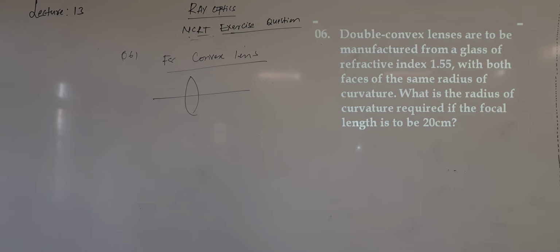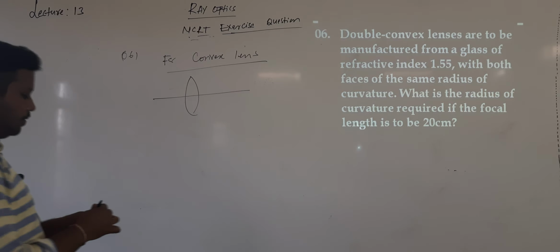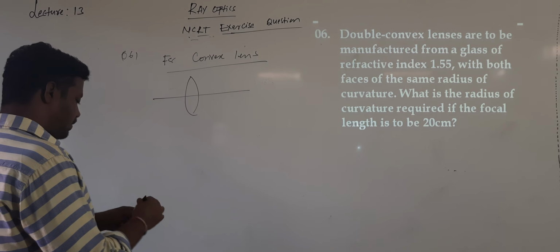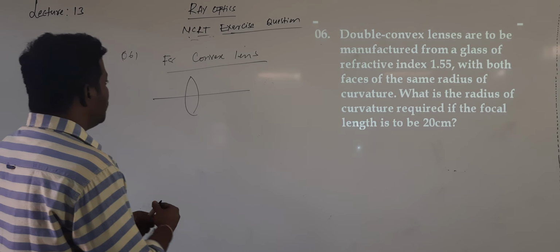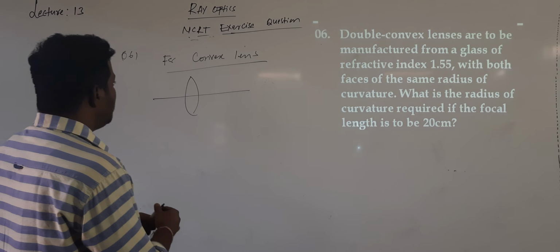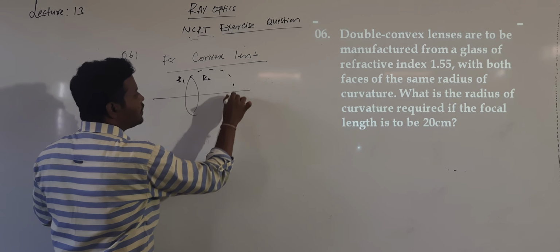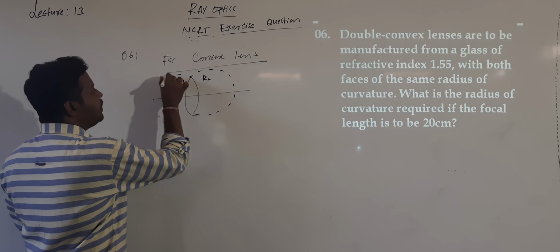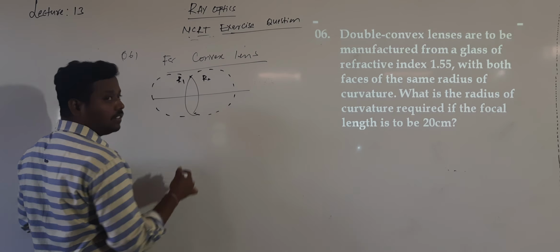Okay? So 2 spherical surfaces are there, this is of R1 and this is of R2. Actually, this is a part of a sphere, R1 is a part of a sphere and this is also a part of a sphere.